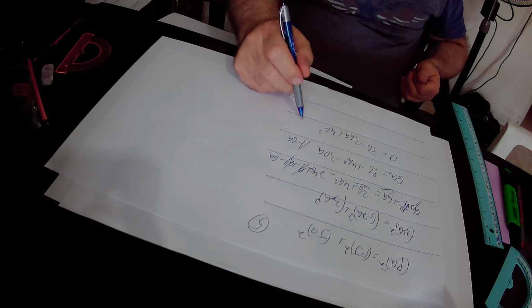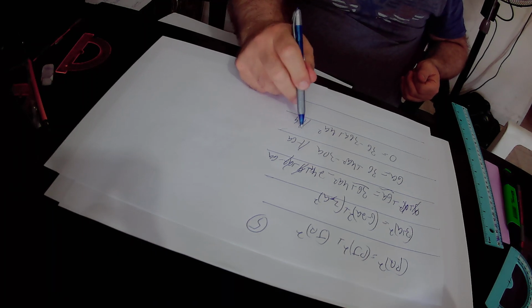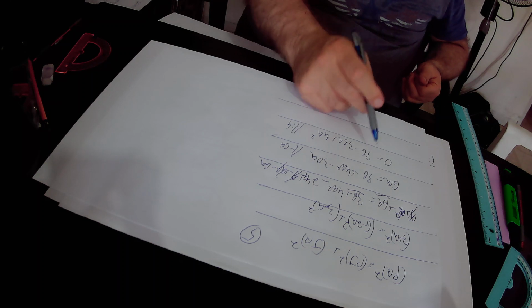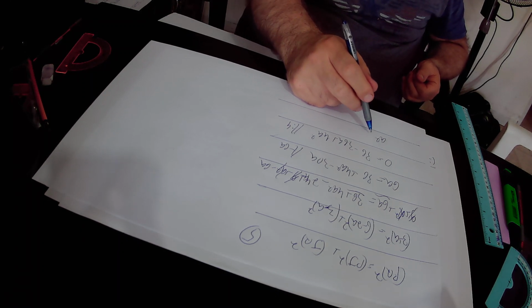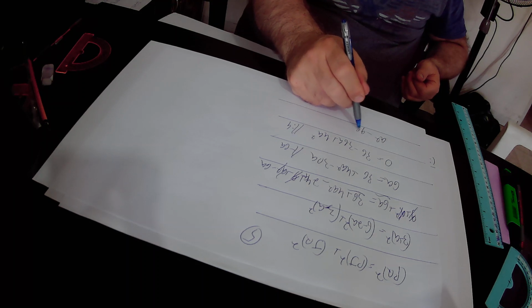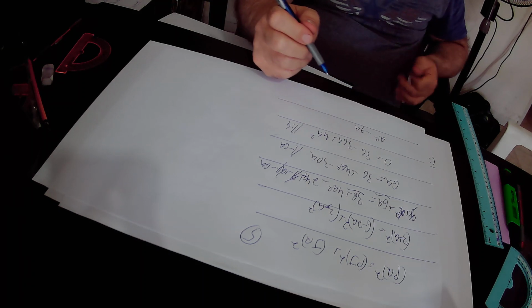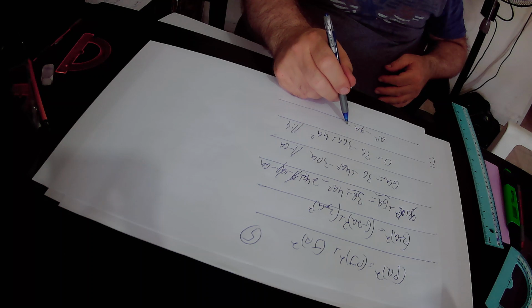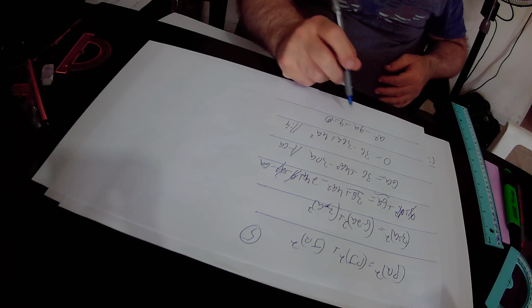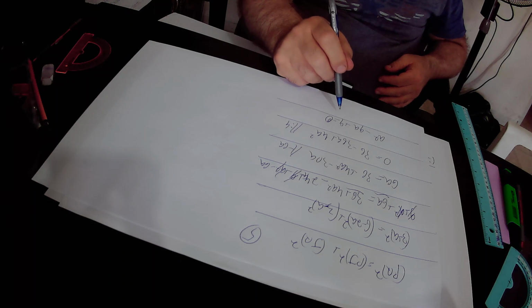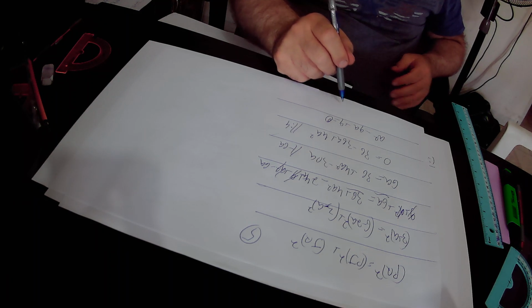Here we divide this equation by 4, and finally we get that 4A squared over 4 is A squared, minus 36A over 4 is minus 9A, and 36 over 4 is 9. In conclusion, we found out that A squared minus 9A plus 9 equals 0.